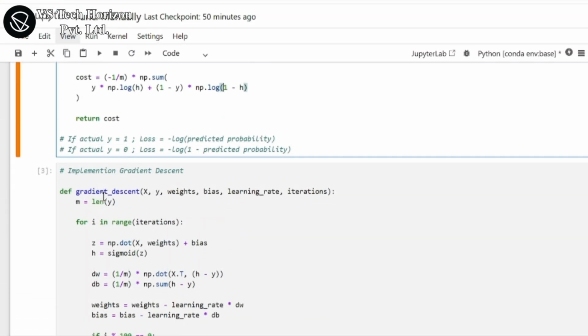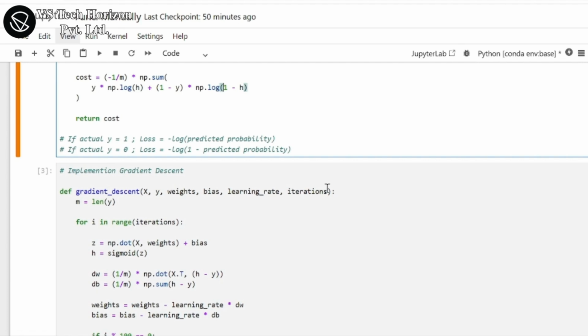Then comes the implementation of gradient descent. Here, gradient descent minimizes the cost function by updating the weights. It starts with defining a function named gradient_descent, and it takes the parameters X, y, weights, bias, and two new parameters, learning rate and iterations, where the learning rate controls the step size, while iterations is the number of updates.